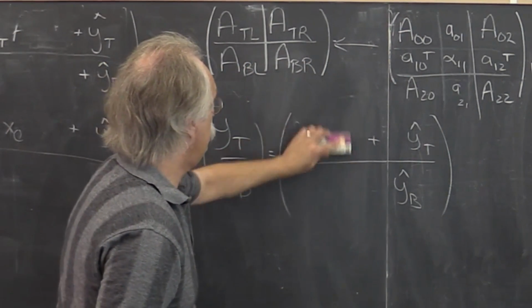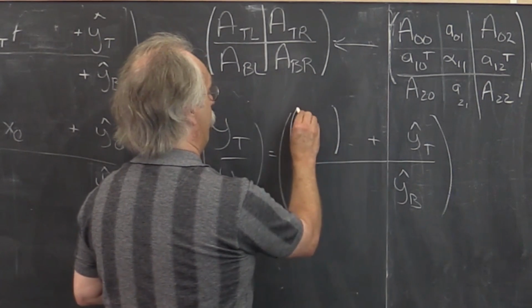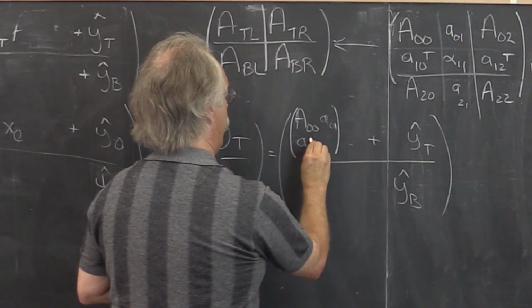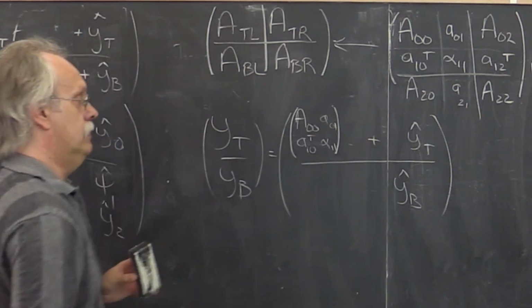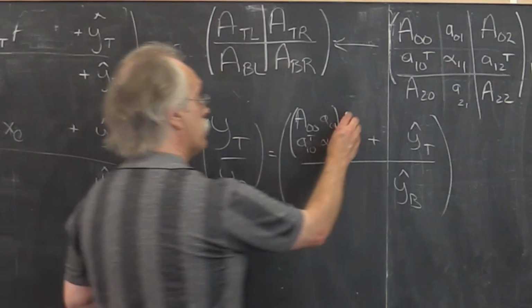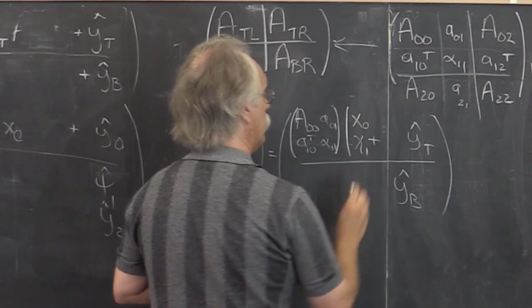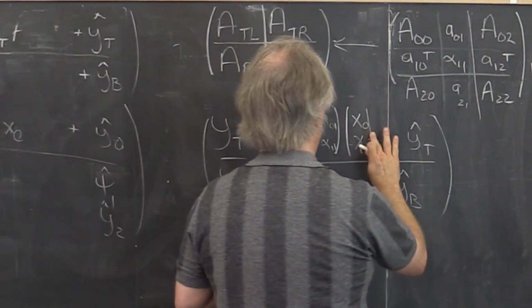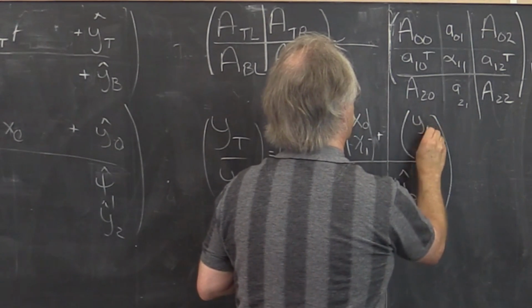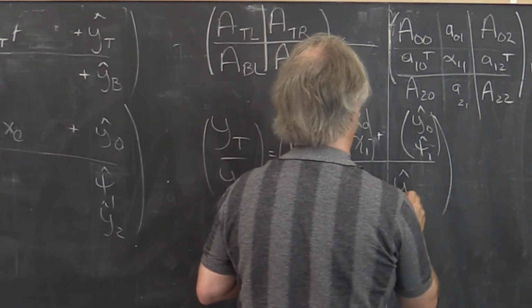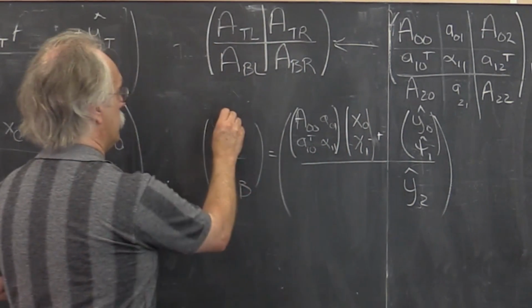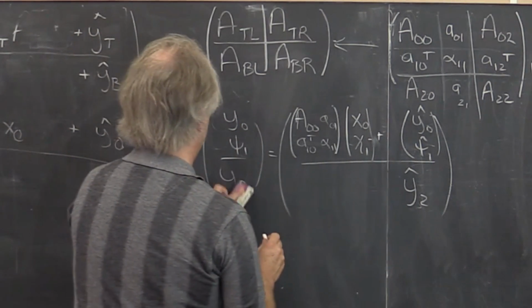So we do a textual substitution. Okay? And then we need to multiply that times x0, chi1. We need to substitute in y0 hat, psi1 hat, y2 hat. This becomes y0, psi1, and this becomes y2.